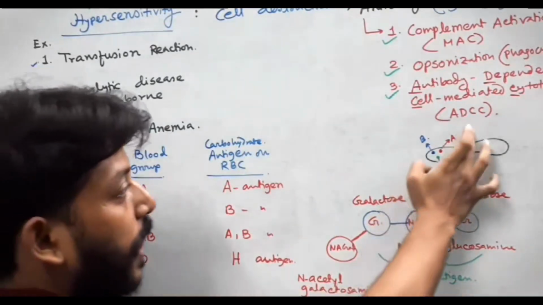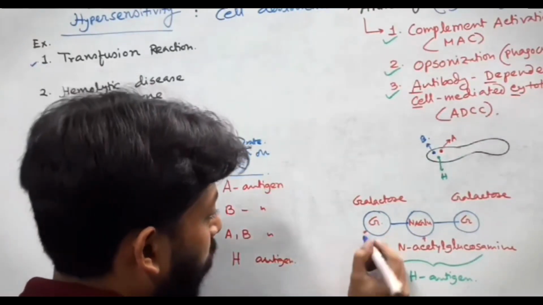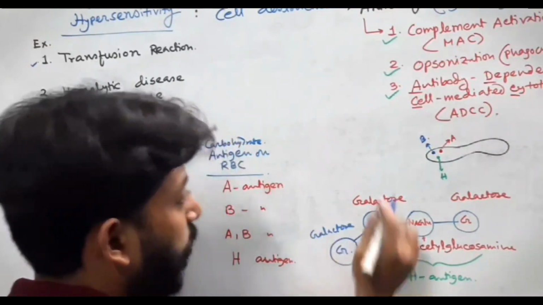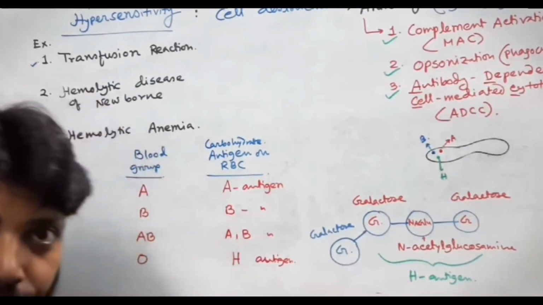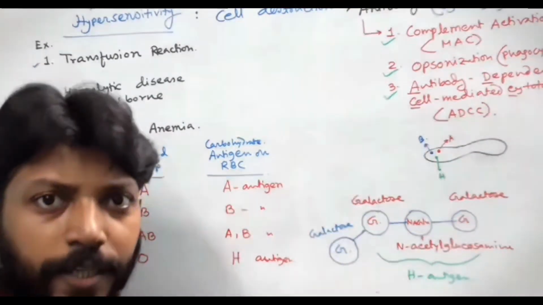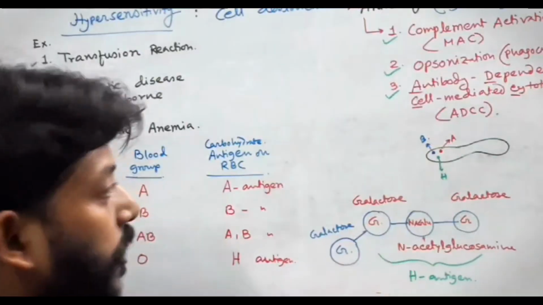Then he is A blood group. Now, if any individual has another galactose sugar moiety, then it is B group. So you can see this H antigen is the base. Now by enzymatic reactions, here could be a galactose or N-acetyl galactosamine, and this A and B antigen are produced.